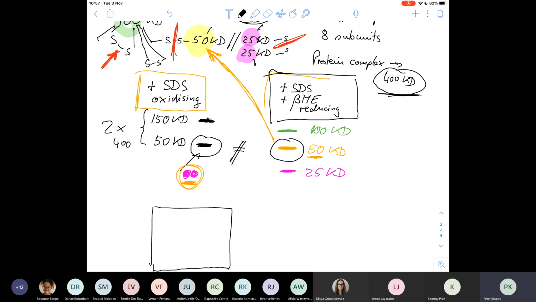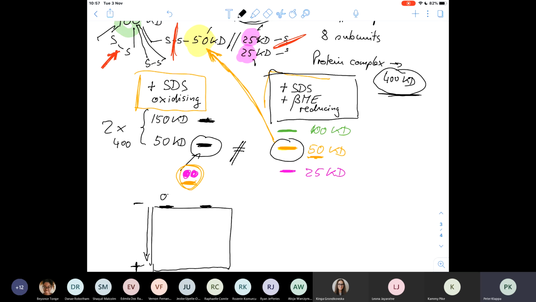Similar to the agarose gel, you have a start. Here we are negatively charged, here we are positively charged. All proteins, because they've got the SDS in it, will move in this direction. And we can run it under reducing and under oxidizing conditions. Or let me do it the other way around, because we've done that.